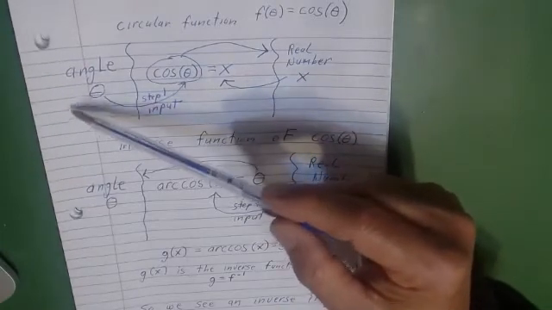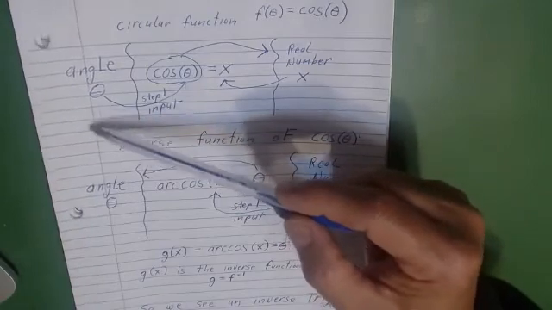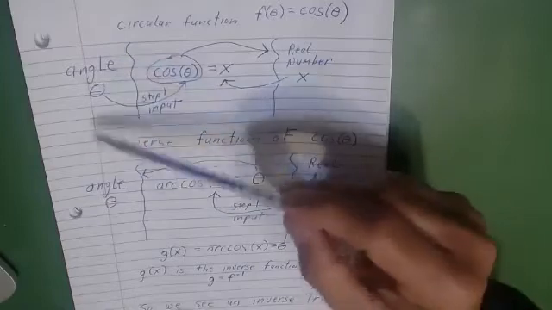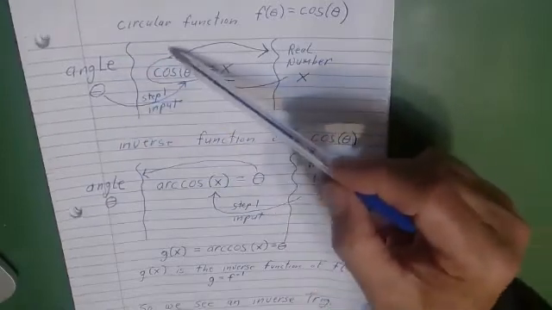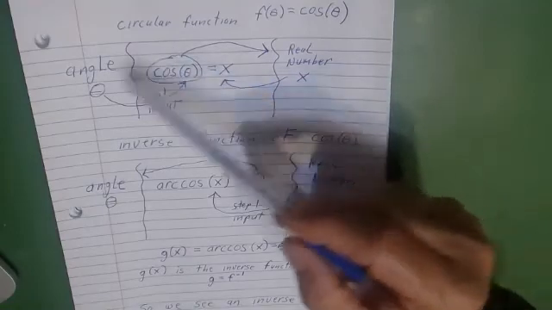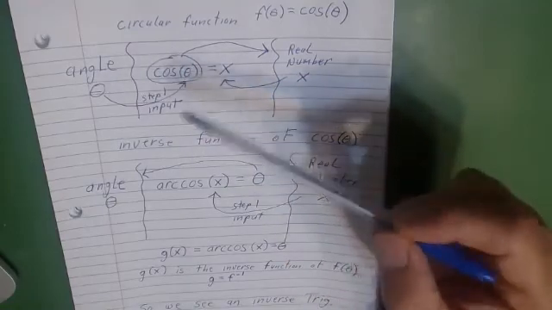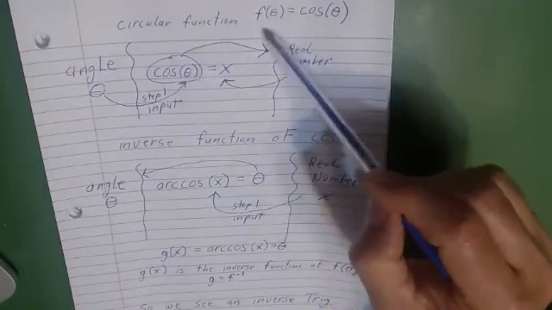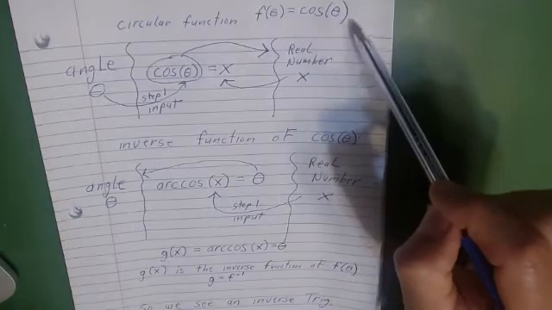We could call it t, x, omega t, whatever the angle is. But we have an angle. We have one of the 6 circular functions here, cosine. So we have cosine of theta, and this is f of theta. f of theta is cosine theta.